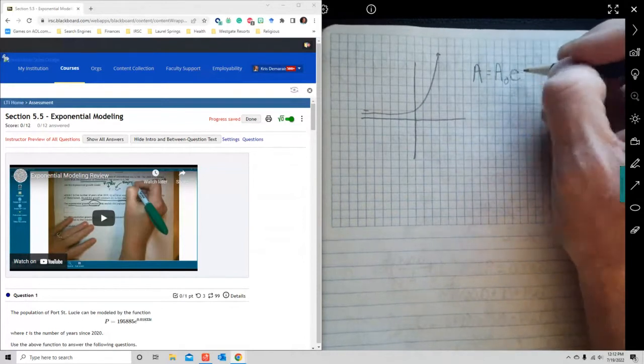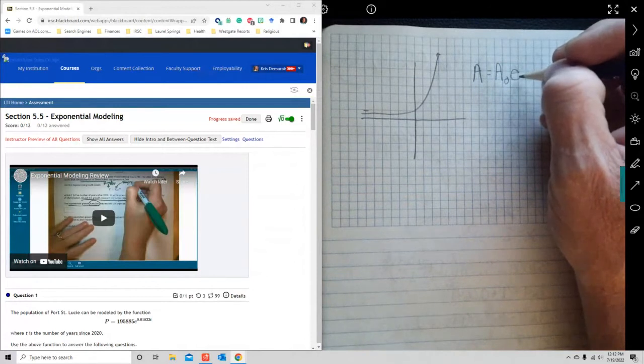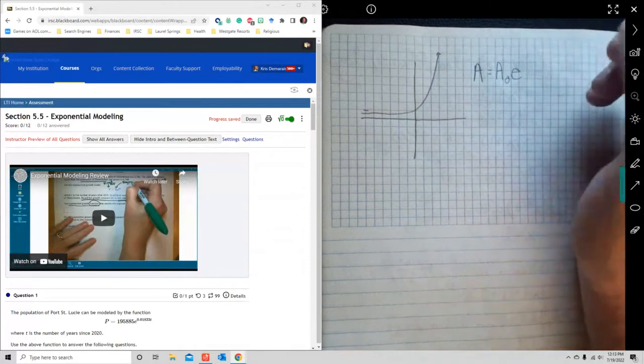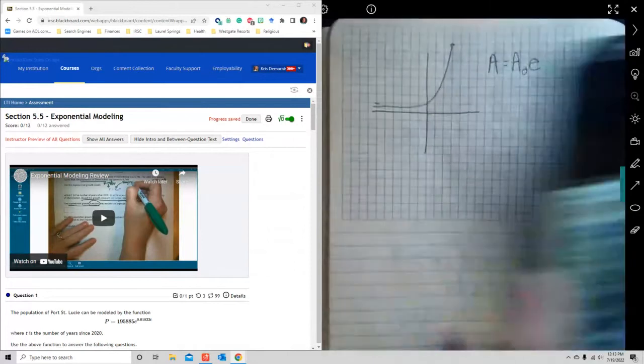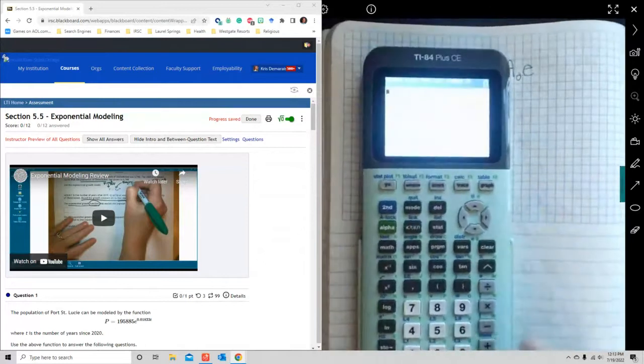It's E, and E has a certain property to it that allows for continuous evaluation. It's the moment of instant evaluation. So it's a concept, and it's actually a value. If you punch it into your calculator, you can see what value it is.